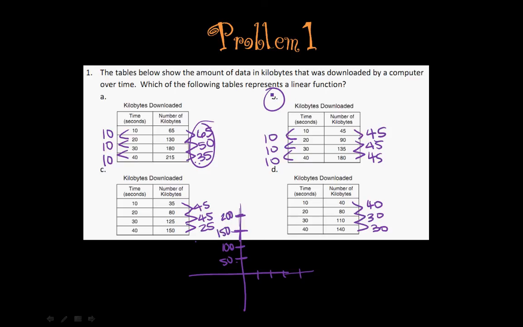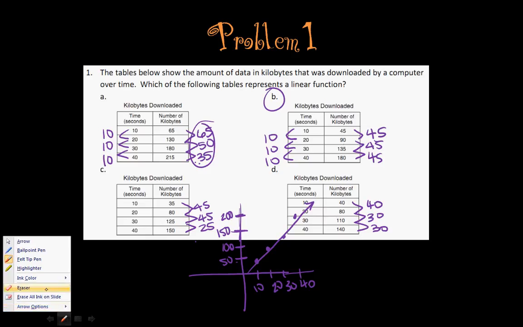Okay, so we can see with B that if we graph that out, at 10, it should be 45, so it's right under the 50. 20 goes up to 90, so it's right under the 100. 30 goes up to 135, so it's like there-ish. And then 40 goes up to 180, so it's about there. I didn't graph it very well, but that's basically a line.